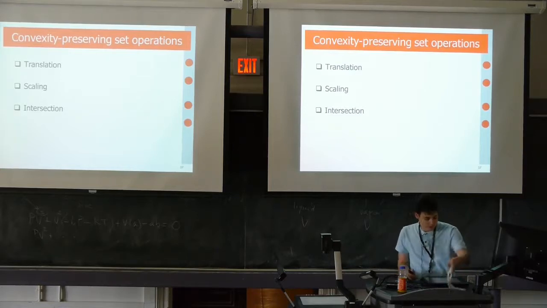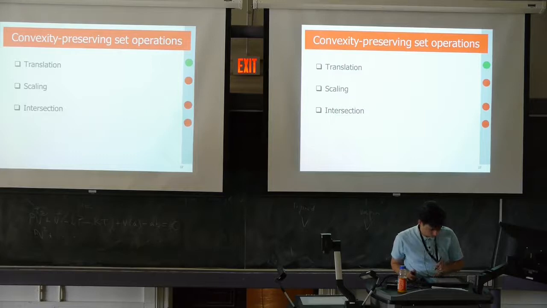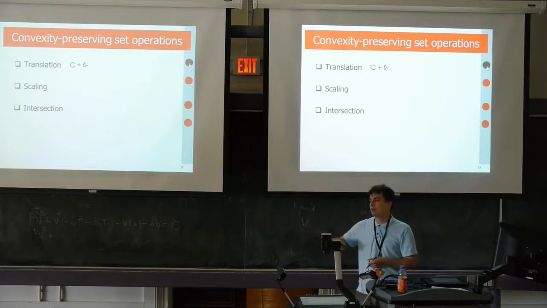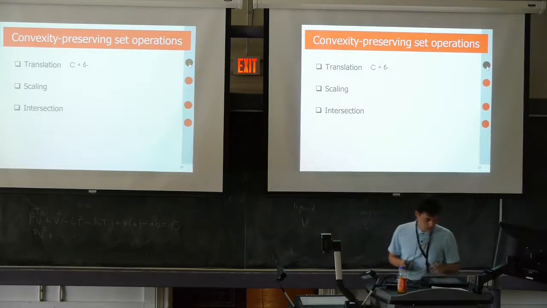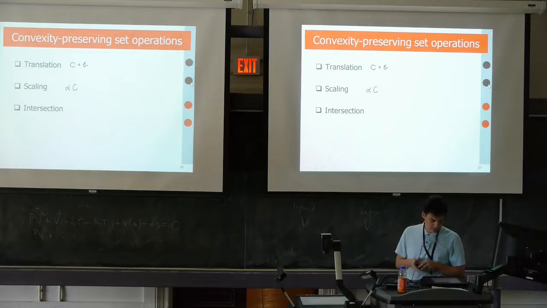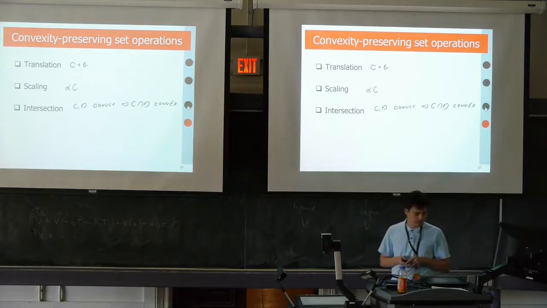So there are a few important convexity preserving set operations. If we have a convex set C and I translate this set with a vector b, that will be convex. If I rescale the set, alpha times C, that's convex. If I have two convex sets, C and D, then the intersection of C and D will be convex as well.